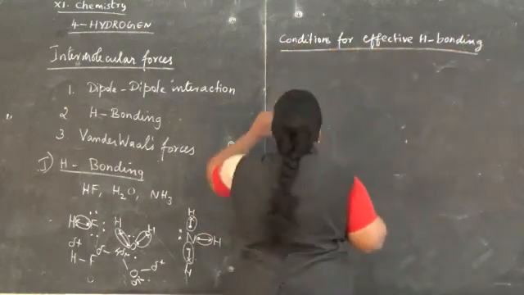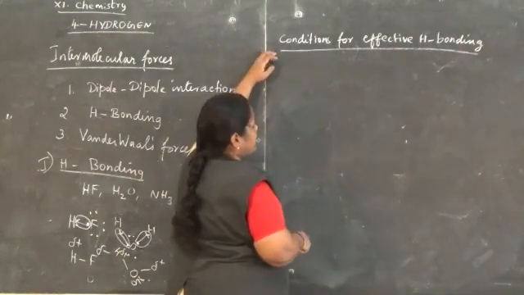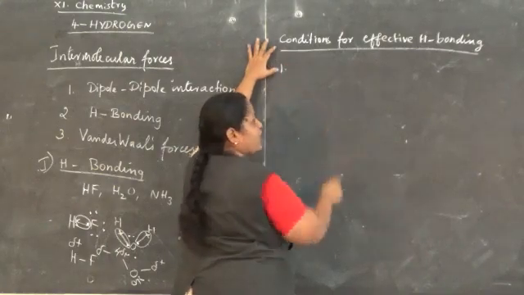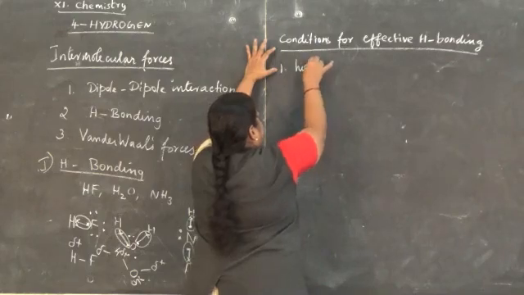If you understand the concept, then all your 2 mark and 3 mark question answers are easy for you. Listen carefully. The first condition for effective hydrogen bond is a highly electronegative atom.